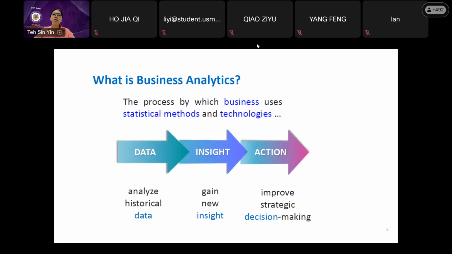Most of you identified data as the most important keyword. I can see more than 70% of you wrote data. And many of you also wrote the keyword decision. These are the top two keywords I can observe from your answers just now.